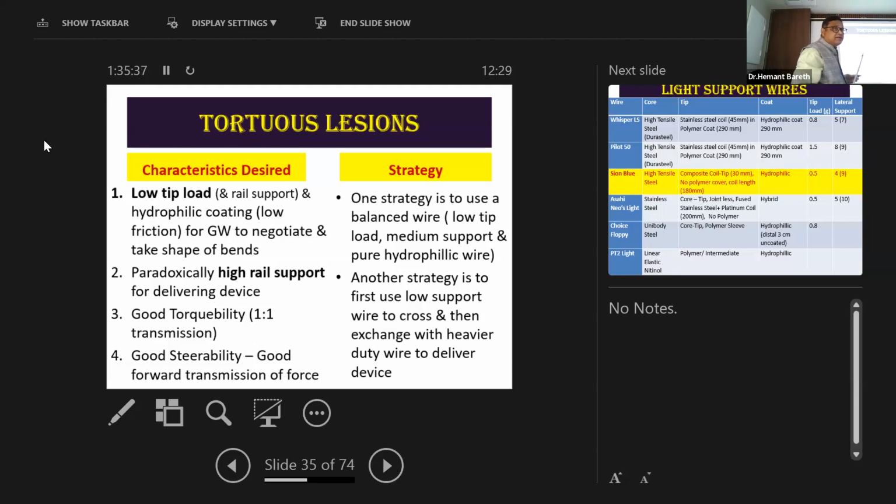So what kind of characteristics would you require in a guide wire? Number one, the guide wire should have a low tip load, because the tip has to track along the vessel. So tip load should be low, clearly.